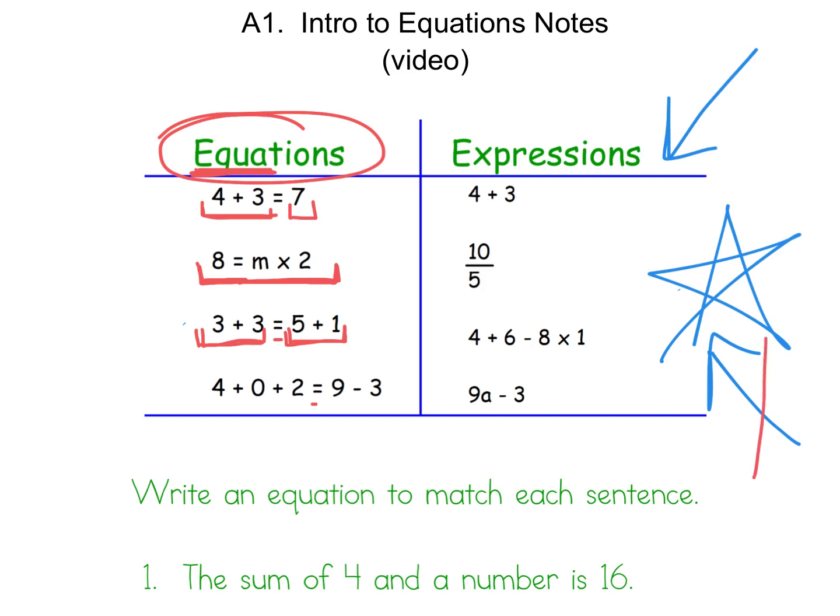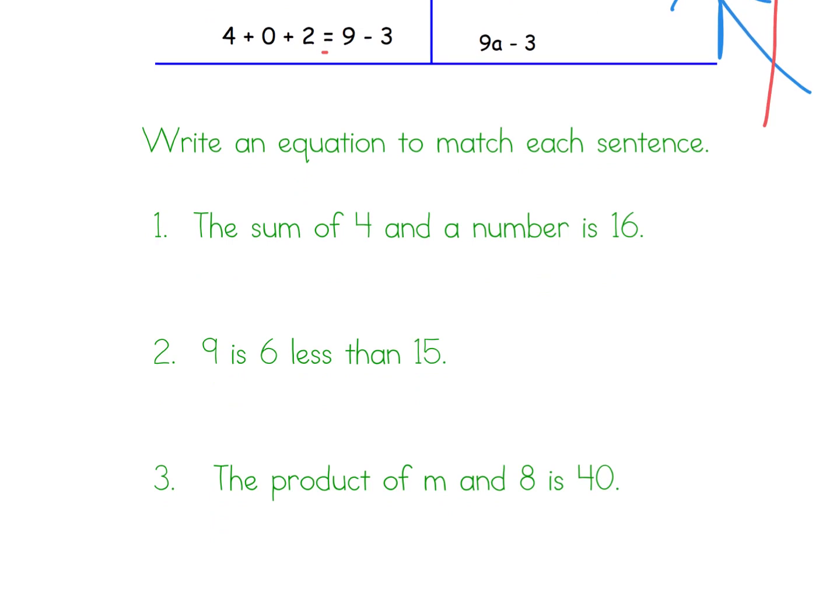All right, so like we did with our expressions, we're going to start by taking a statement and translating it into an equation. So we're looking for those key words. Number 1, the sum of 4 and a number is 16. So I see sum, which tells me to add.